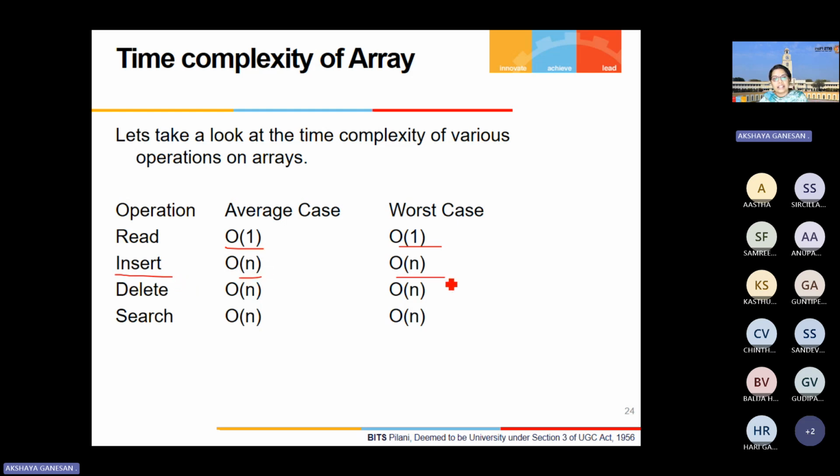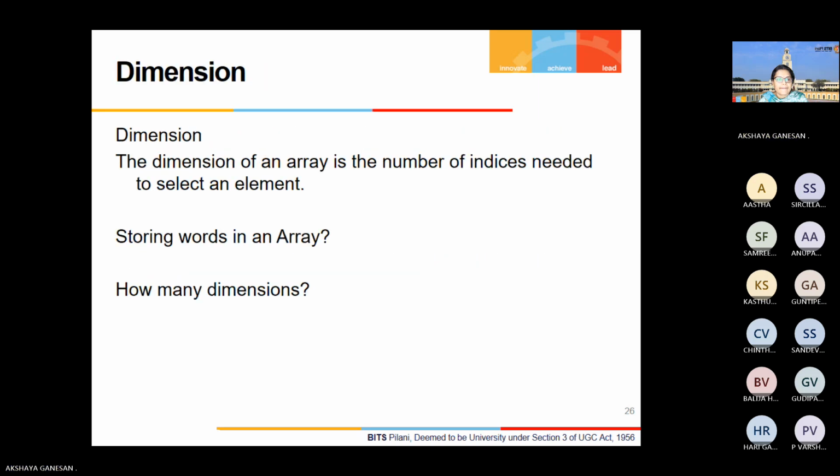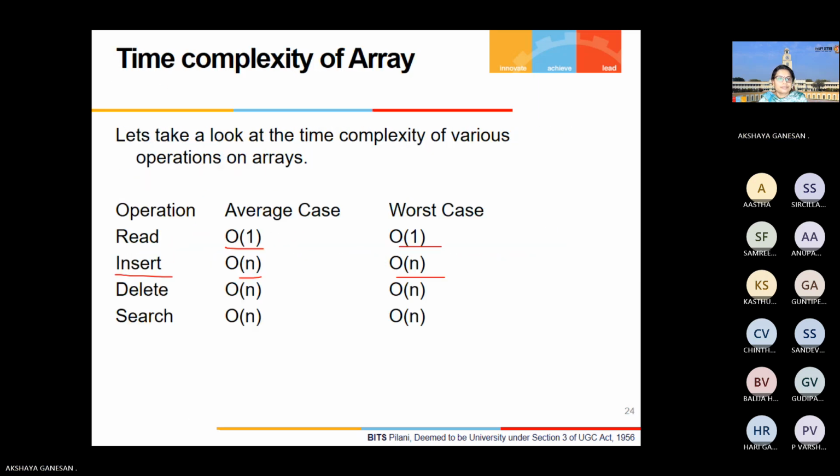Why do you think insert takes order of n time in an array? How do you insert into an array? First of all, we should know how to insert into an array. So let's say I have an array 5, 6, 7, 8.